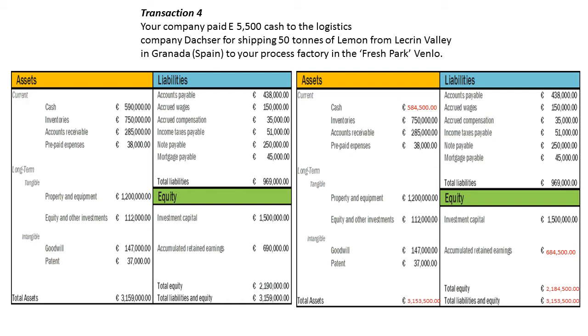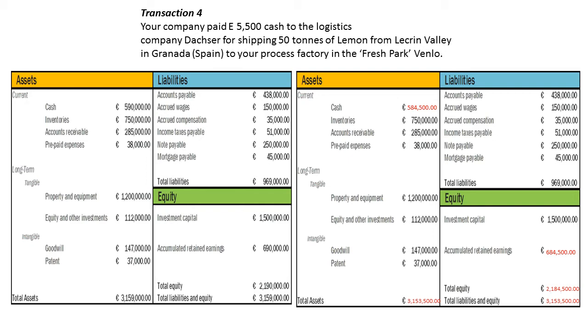Since nothing will change underneath, the total assets will change from €3,159,000 to €3,153,500. So we retracted the money that we paid in cash to the logistics company.